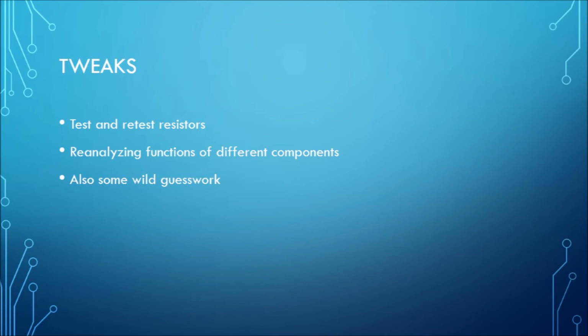So the main method of fixing these was to tweak resistors using our knowledge of what we expect the circuit to be doing, and try and hone in our values more on what would be ideal for what we're expecting each section of the amplifier to be doing.